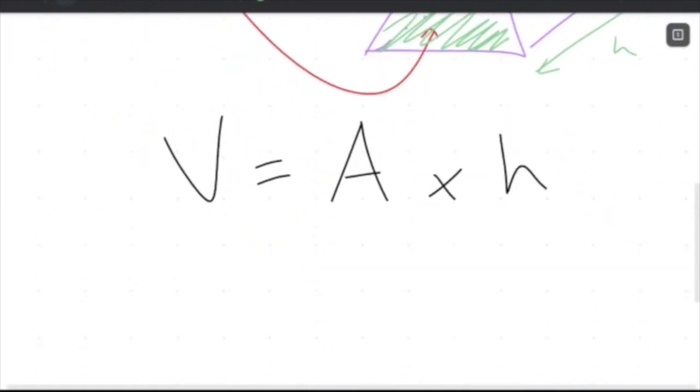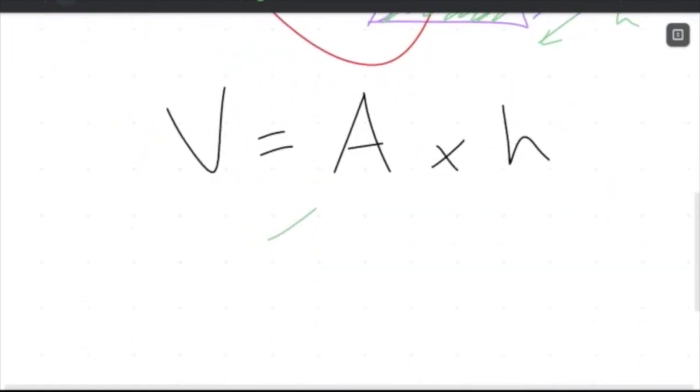So for our volume, to find that, we multiply our cross-sectional area, so that face that goes all the way through the shape, by the length going away from the cross-sectional area.